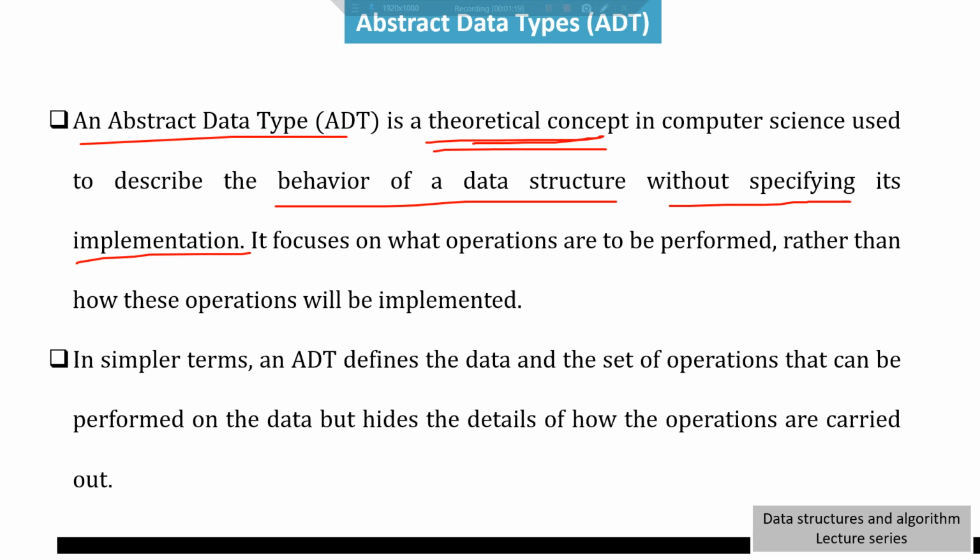So it focuses on what operations are to be performed on the data structure rather than how these operations will be implemented. So you're only going to focus on what type of questions instead of how type of questions. In simpler terms, ADT defines the data and the set of operations that can be performed on that data, but hides the detail of how the operations are carried out.